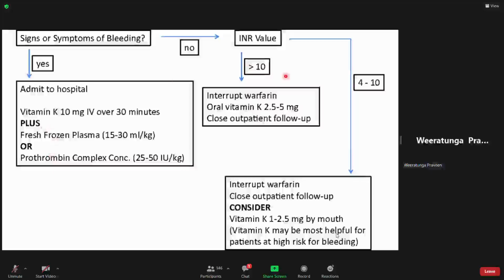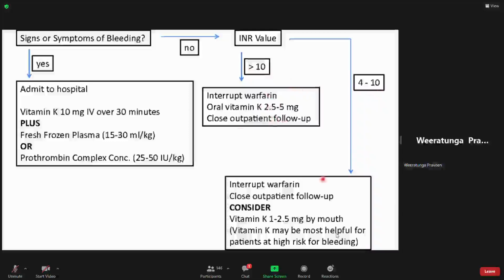Now what do you do if there are no signs and symptoms of bleeding or minor bleeding? The management depends on the INR value. If it's more than 10 you have to give oral vitamin K 2.5 to 5 milligrams and stop the warfarin.